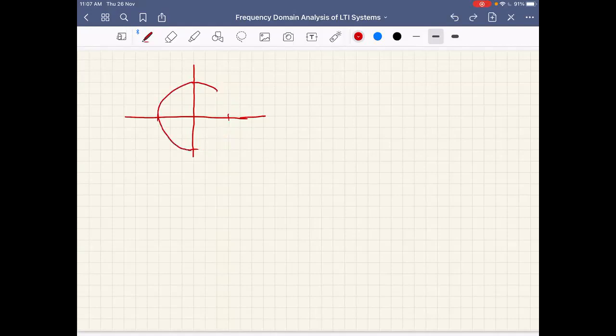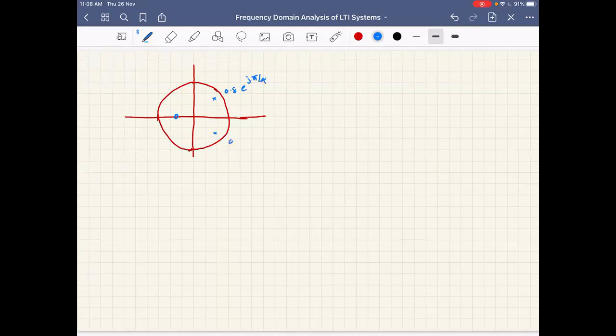Let us assume that we have a pole here, and another pole here, 2 poles and a zero here. So what is the system? The poles are at 0.8 e power j pi by 4, the first pole location.